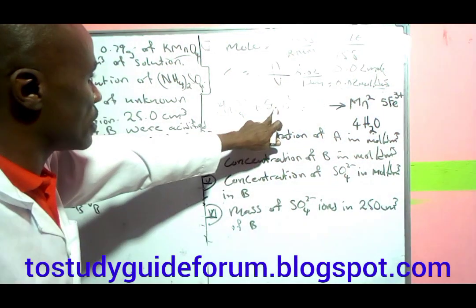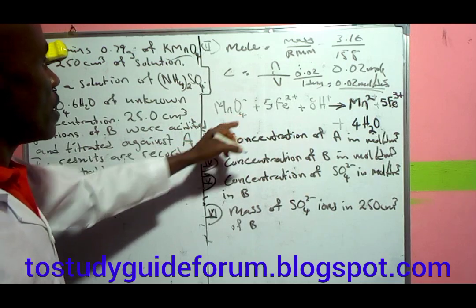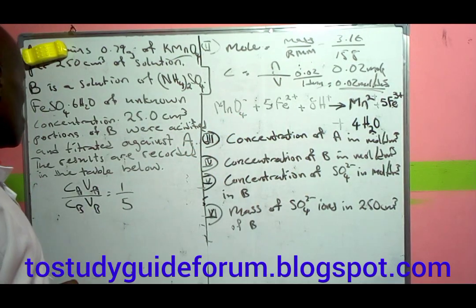From here, you find out that the B is 5 and the A is 1.